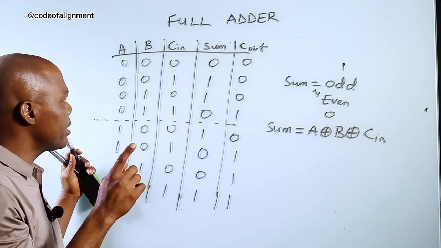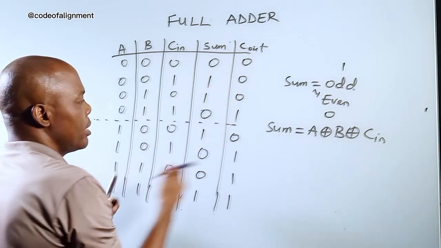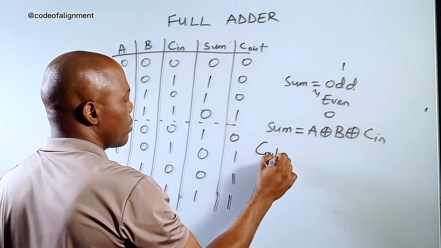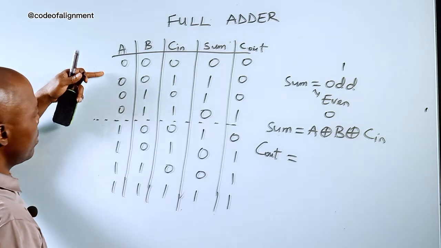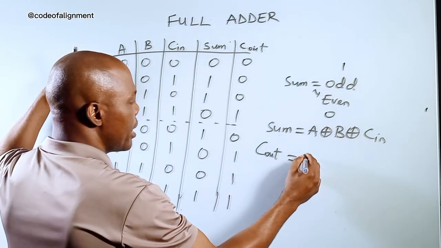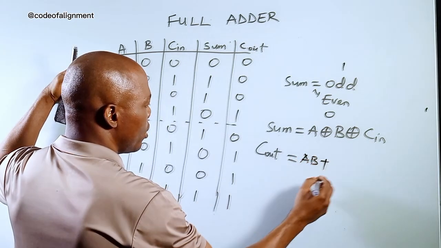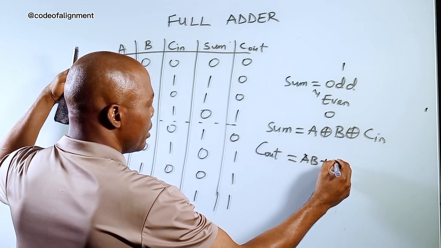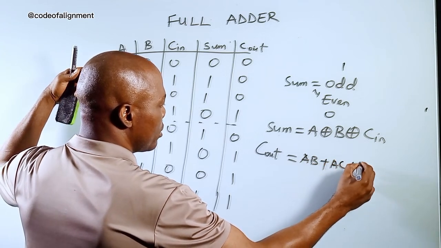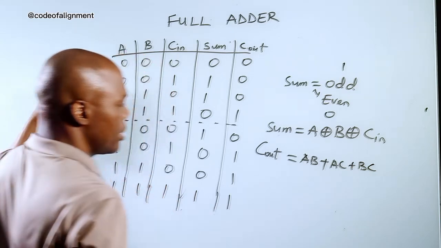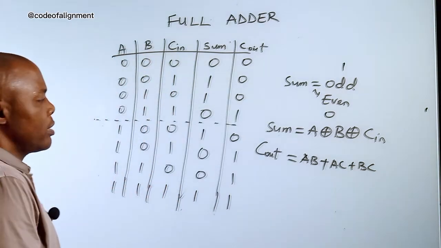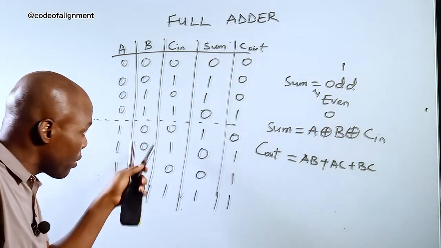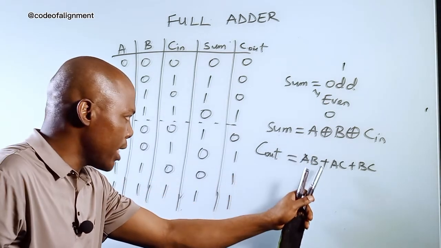So if that is the case, for this Cout equals at least 2 inputs, meaning AB plus AC plus BC. This is what we can derive from this truth table, this equation and this equation.